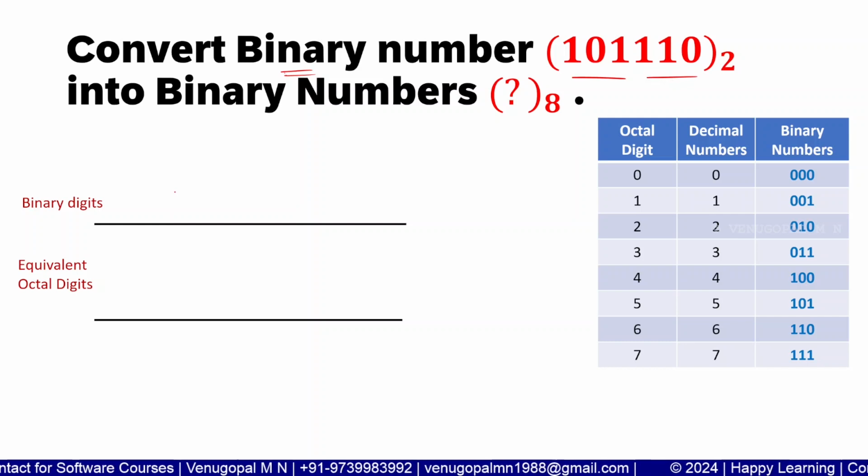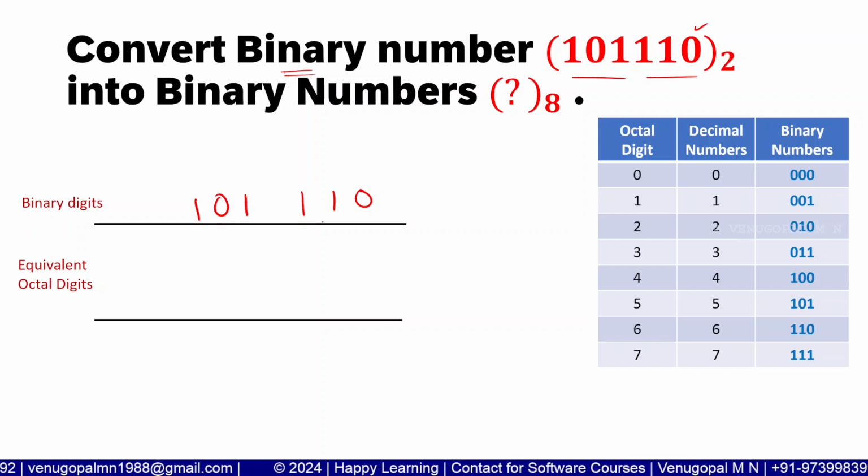We have to convert that into an octal number. From the rightmost digit, we write 3 binary bits: 110, and then 101. You have to write in groups of 3 bits.